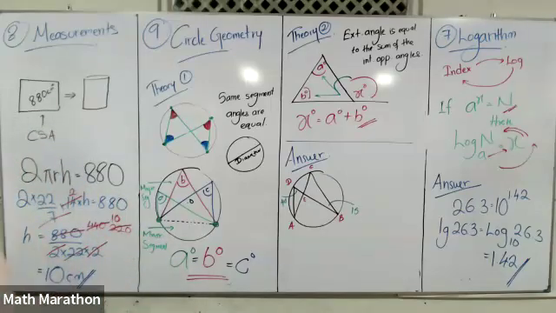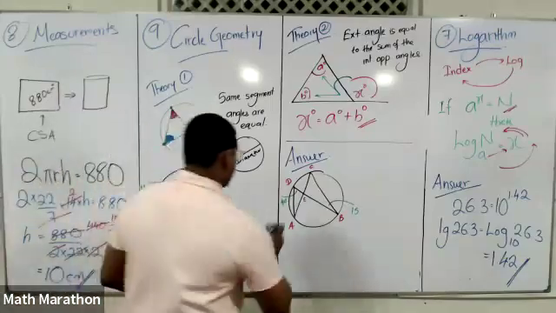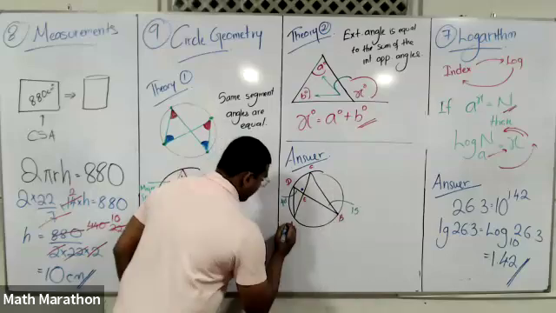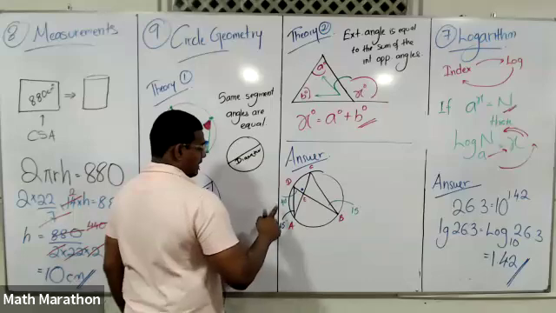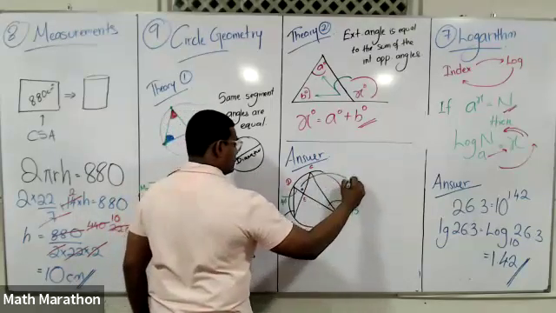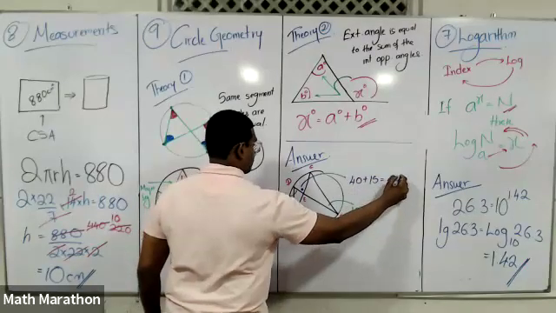The first one: the same segment angles are equal. What do I have to find? I have to find this. If this is 15, then this angle is also 15. If this is 40 and 15, this is the exterior angle. This is 40 plus 15, 55 degrees.